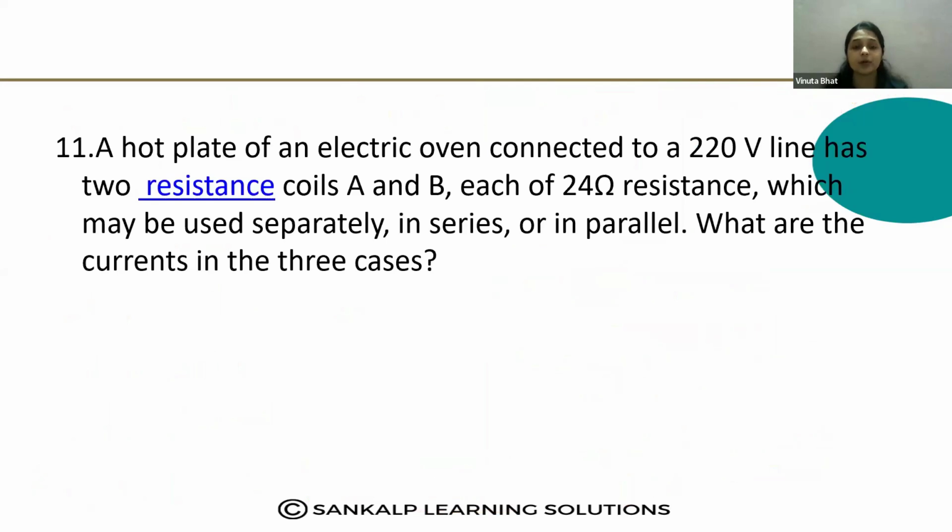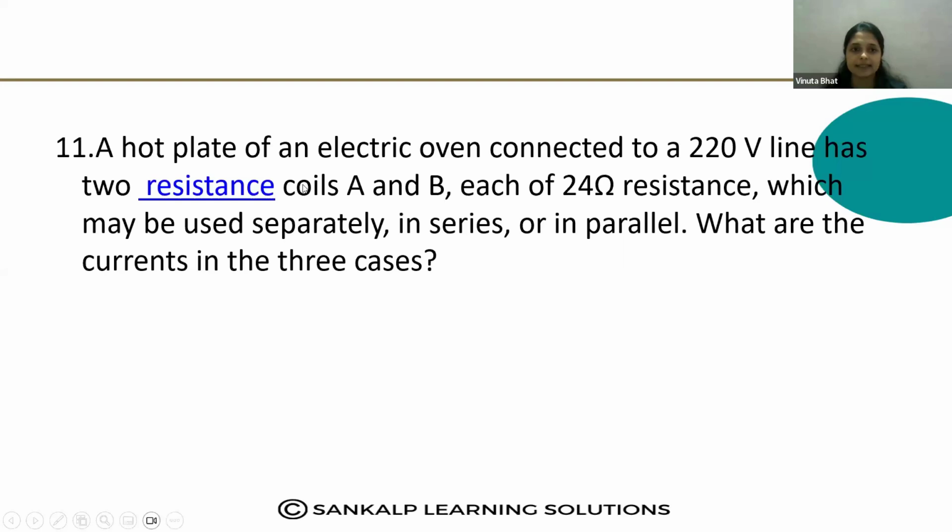A hot plate of an electric oven connected to a 220 volt line has two resistance coils A and B, each of 24 ohm resistance, which may be used separately, in series or in parallel. What are the currents in the three cases? Okay.